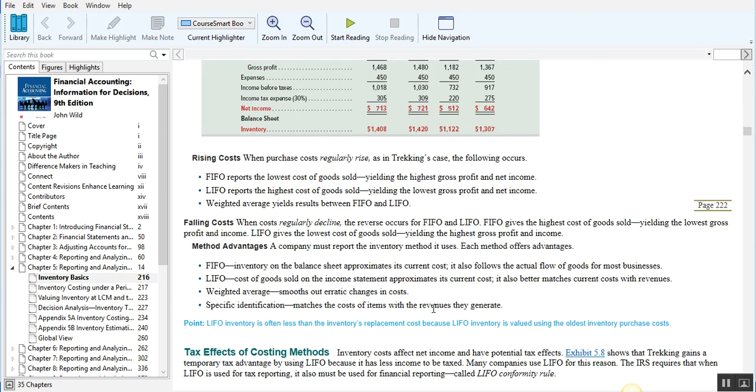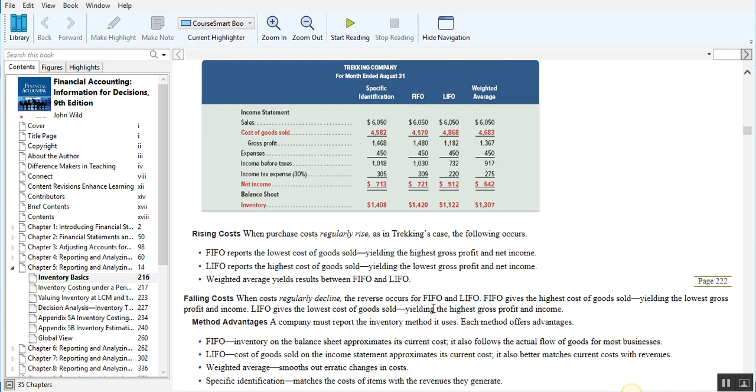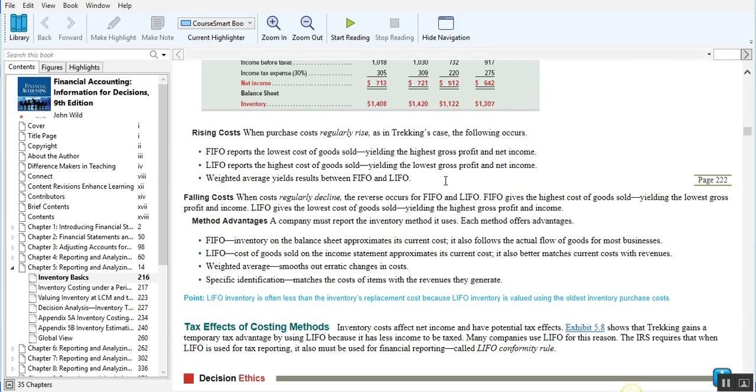Now, if your costs are regularly rising, this scenario that I just pointed out is going to be what you see. In a period when rising costs are going on, you're going to yield the highest gross profit and net income with FIFO, and you'll yield the lowest gross profit and net income with LIFO. But if for some reason costs start to fall, it's going to work the opposite way.